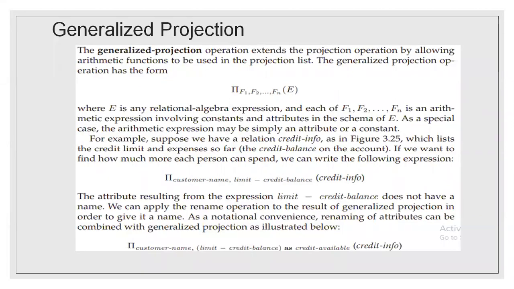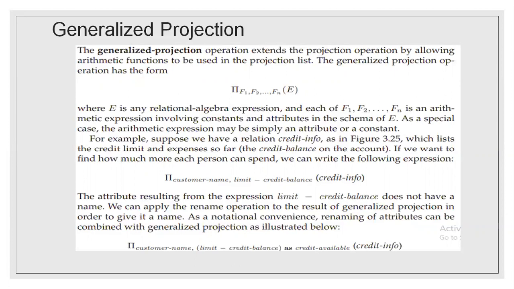The attribute resulting from the expression limit minus credit balance does not have a name. If such a column does not have a name, then we can apply the rename operation to the result of generalized projection in order to give it a name. As a notational convenience, renaming of an attribute can be combined with generalized projection as given below: pi customer name, (limit minus credit balance as credit available).